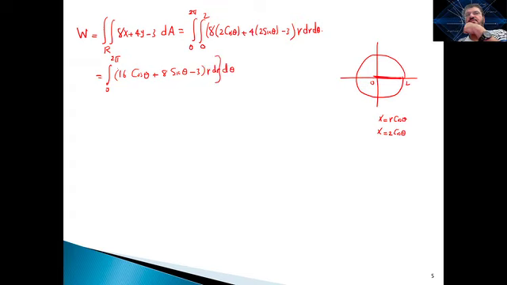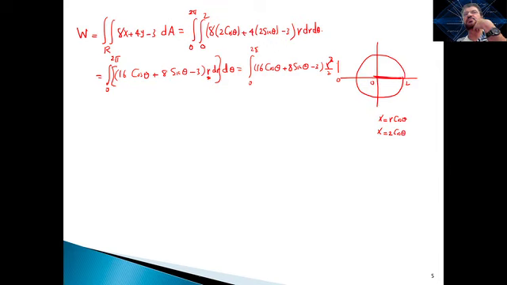We start the integration from the inside. This is equal to the integration from 0 to 2 pi. I only integrate r, which is r squared over 2. So this is 16 cosine theta plus 8 sine theta minus 3. This is all times r squared over 2. This is the integration of r.